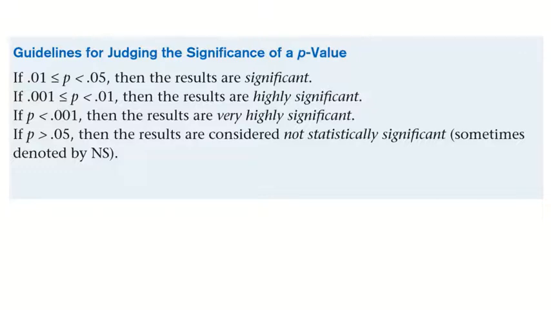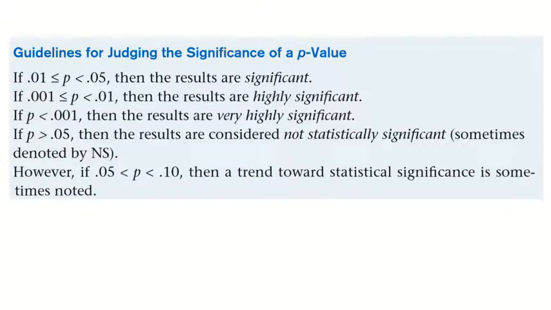So, instead of just focusing on alpha all the time, you may actually move your attention to the p-value of your hypothesis test. And that will tell you how significant your results are.